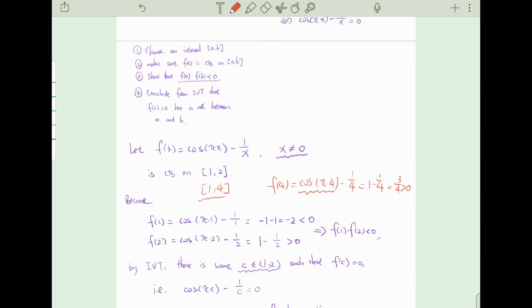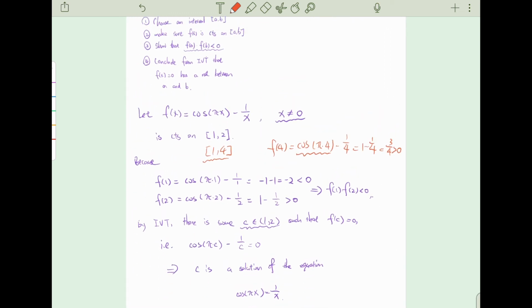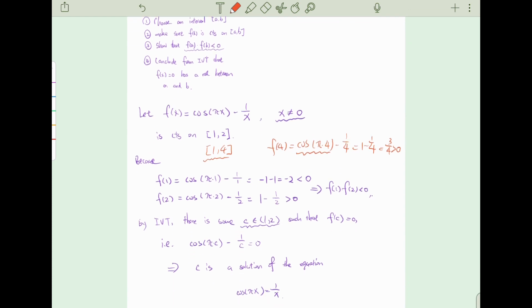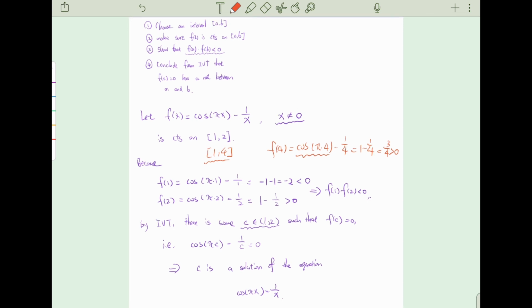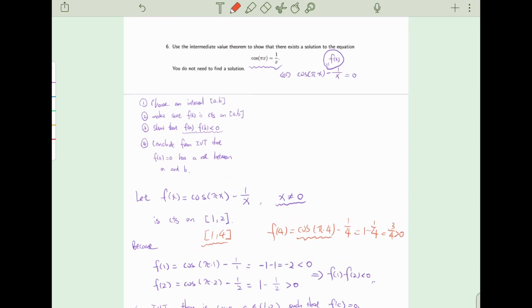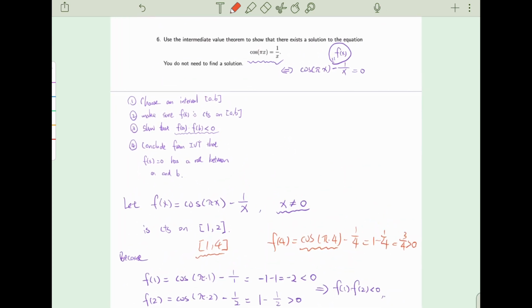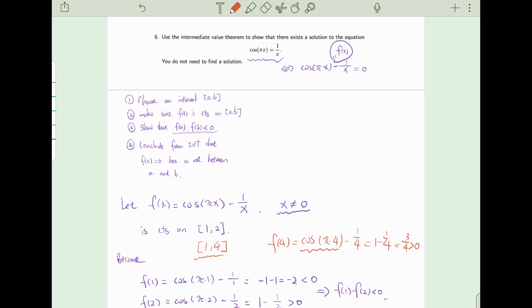So different people may have different answers for this question. And that is how you know which interval you should choose, by testing the function evaluated at the endpoints. So that is our question 6, okay, by using the intermediate value theorem.